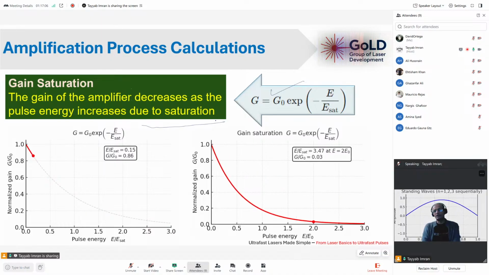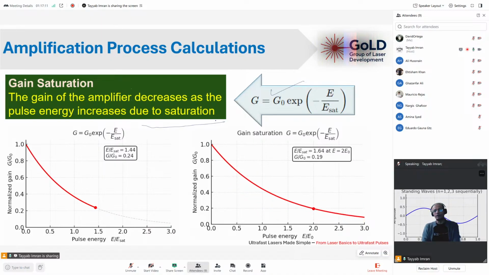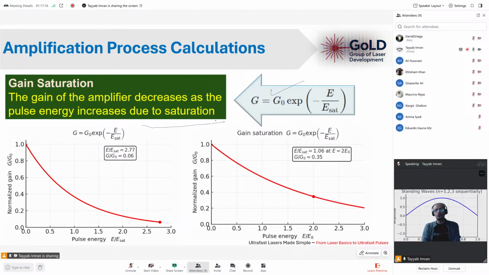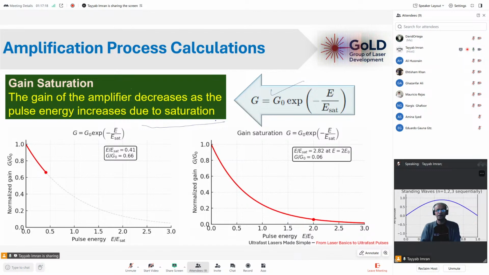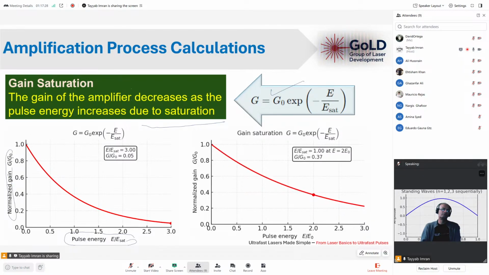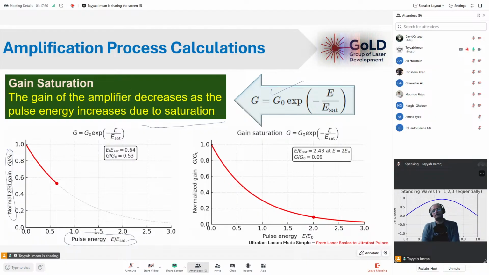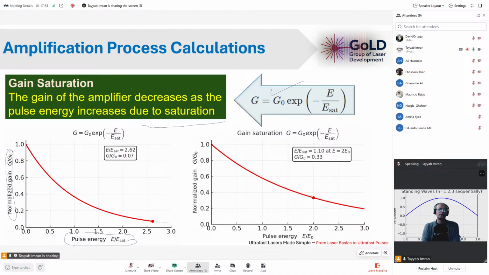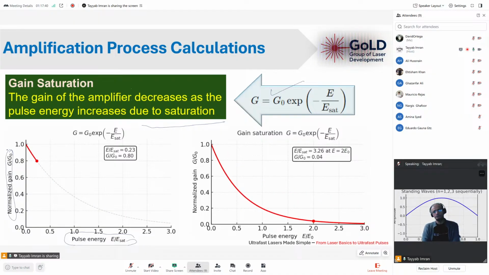Now the plots, if you can understand these plots, on the left side, that is an important one. What you see here is E over E saturation along the x-axis, and what you see here is the normalized gain, you can say G over G naught.